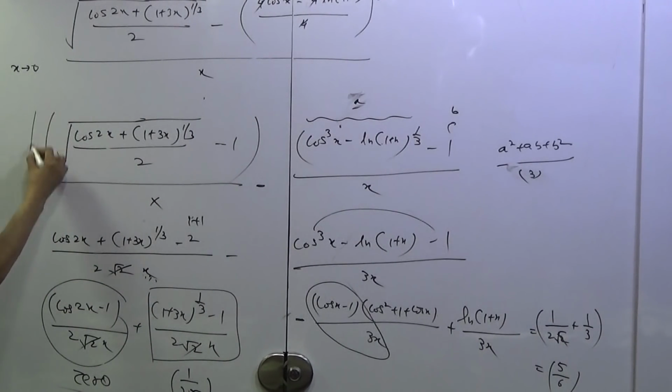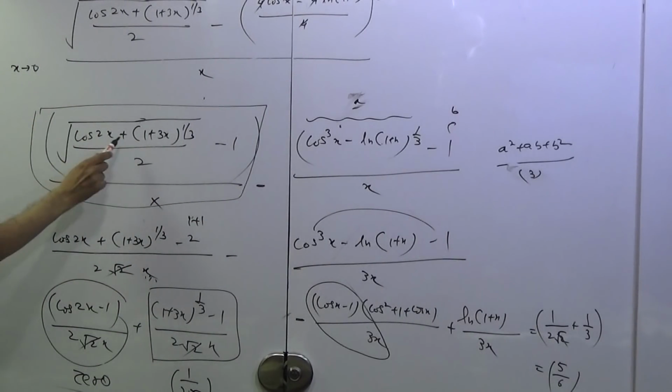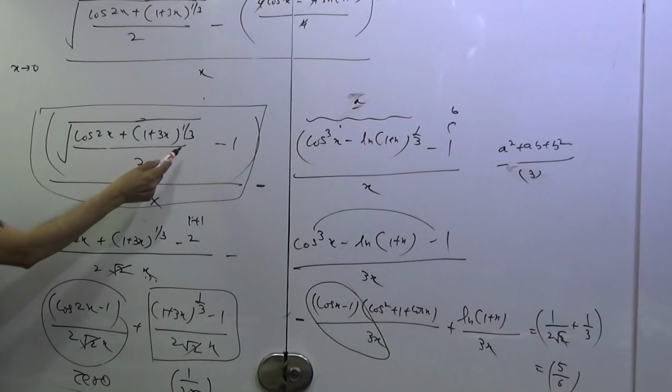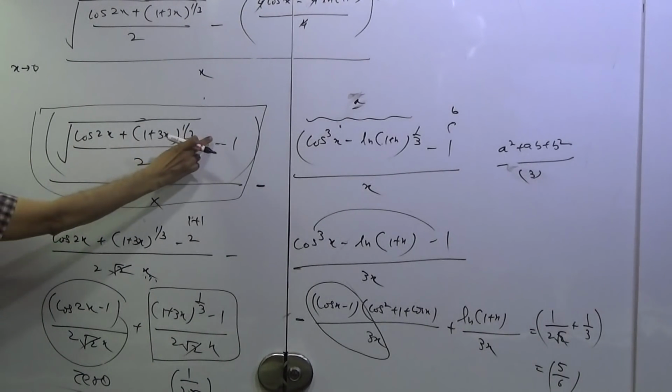Sir, it becomes 1/4, because in the numerator it will become that quantity and then we took the LCM.